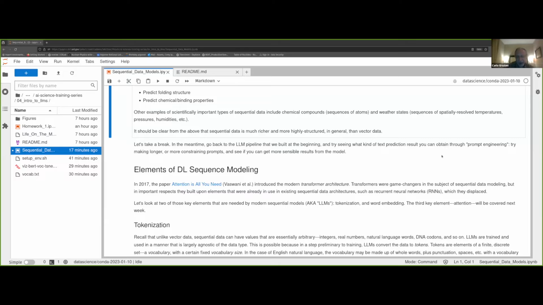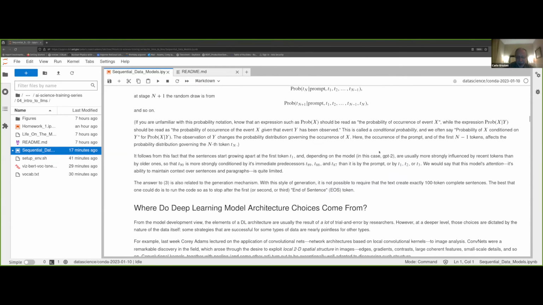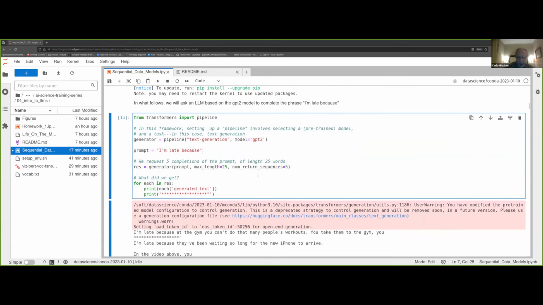Okay, so I put a break here, and so maybe we should take a break for, I don't know what the traditional break time is. Is it like 10 minutes? And during that time, why don't you go back to that GPT-2 model and try dabbling with the prompt a bit, and try dabbling with the length of the sequence, and see what you can discover about the kind of text that GPT-2 generates.